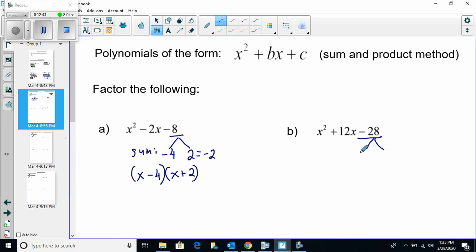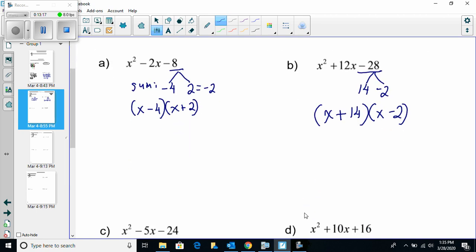And those two numbers are 14 and negative 2. When you multiply those two together, 14 times negative 2 will give you negative 28. And when you add those two together, you will have 12. So when we write them into factored form, we will have x plus 14, x minus 2.